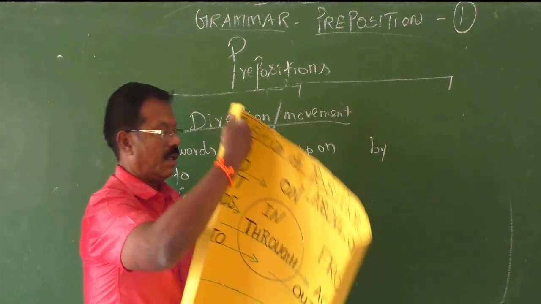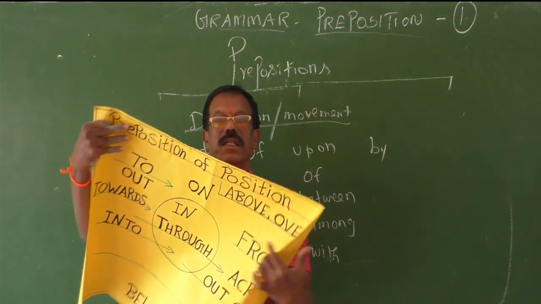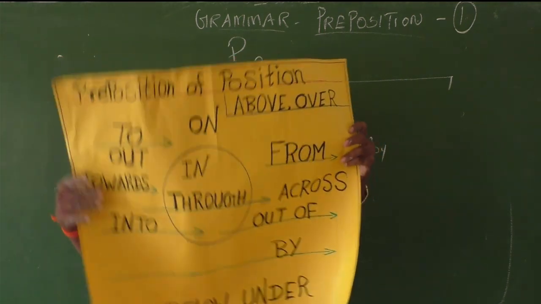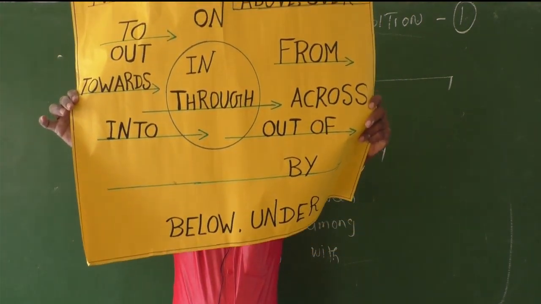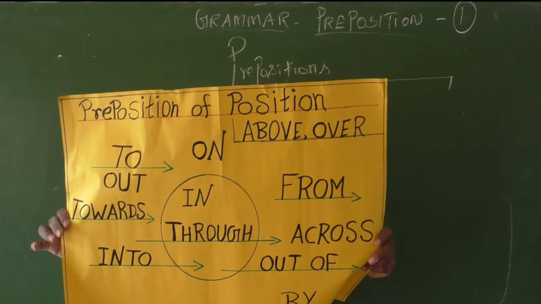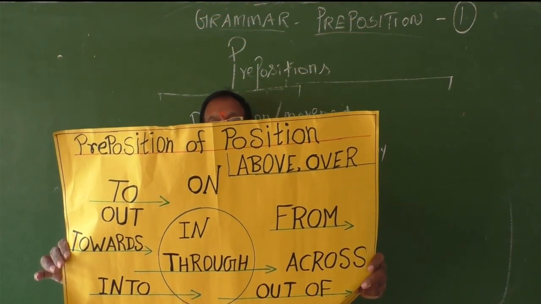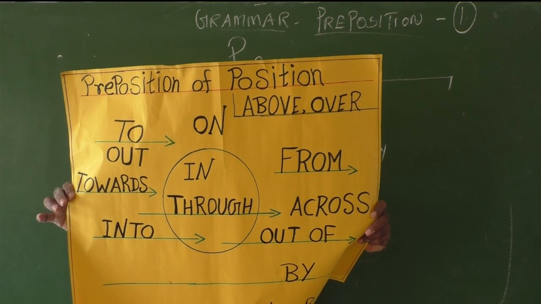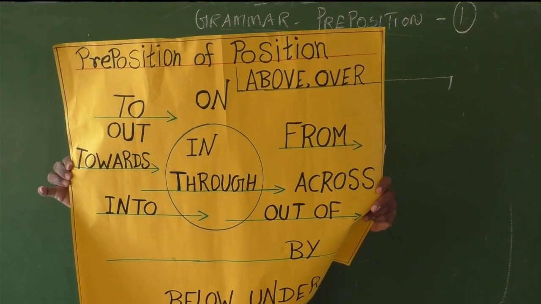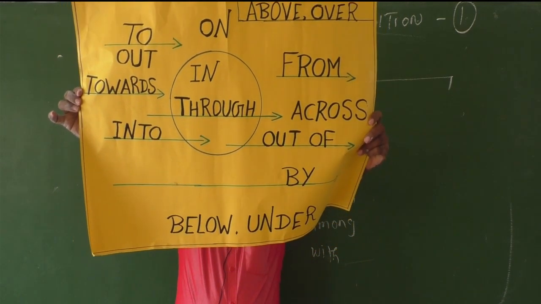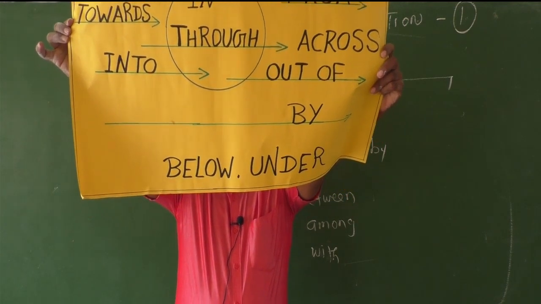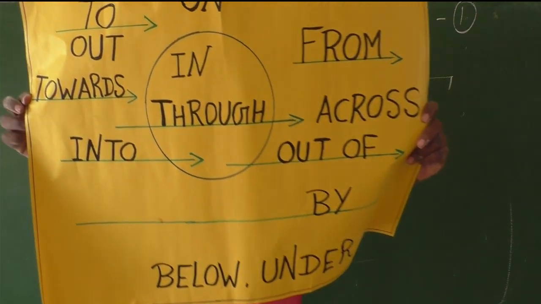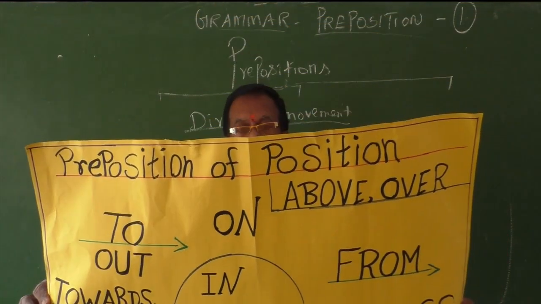Now clearly I will show you the chart. The chart shows clearly the position. Closely observe the charts, and you too can prepare a chart like this at your home with the help of this diagram. Okay, children?